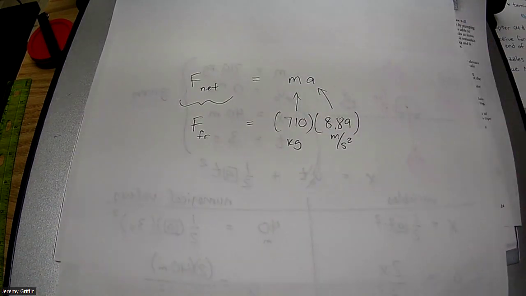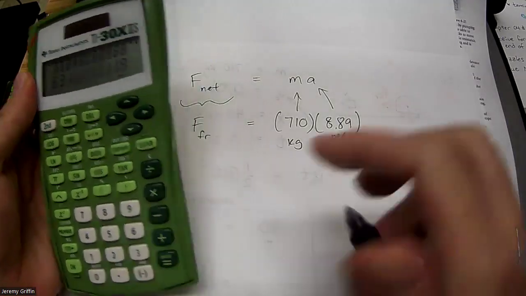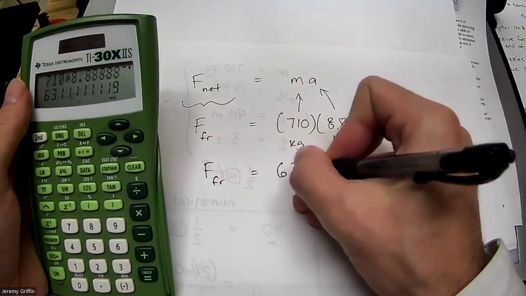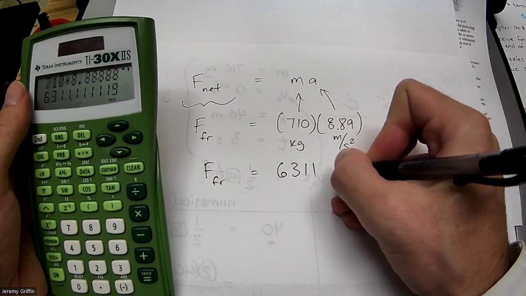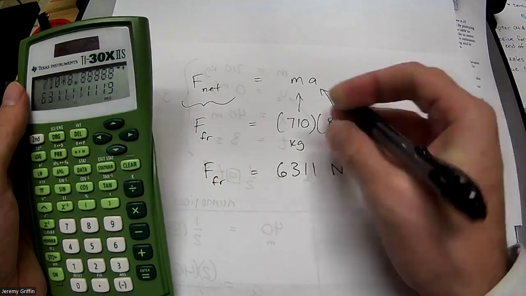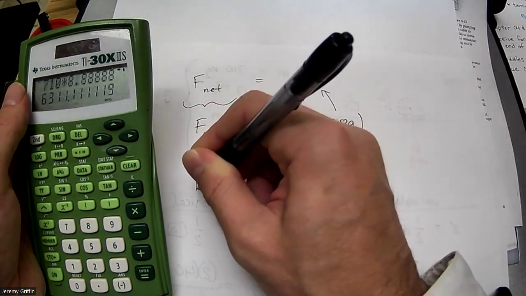Put it all together, 710 times 8.89. I'm getting the friction force is 6311. What's the unit? Newtons. That is the answer they're looking for.